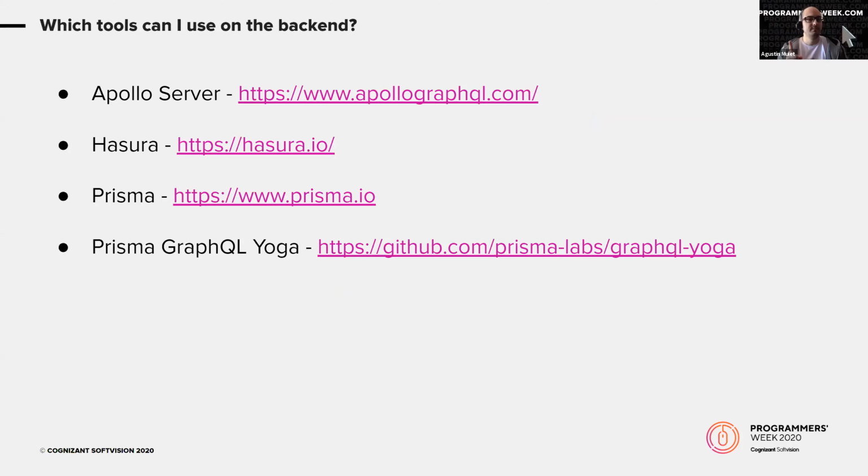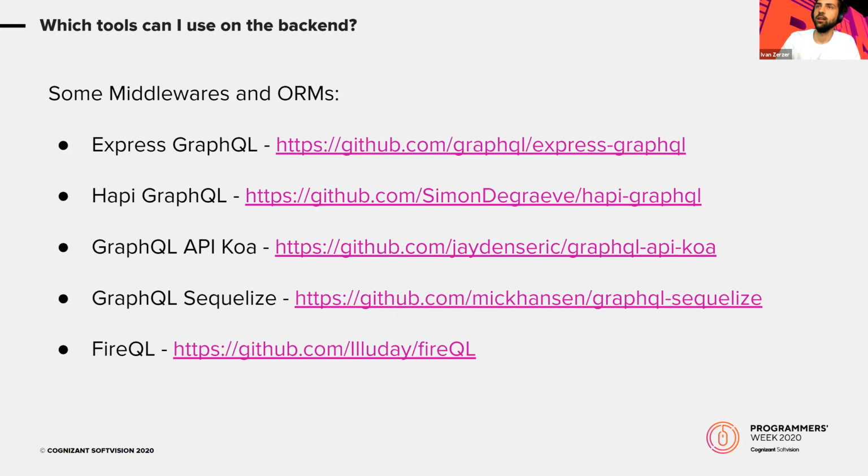It's in the cloud. Prisma is a database toolkit that aims to replace ORMs. GraphQL Yoga is a fully featured GraphQL server. Well, you have middlewares and ORMs like Express, Hapi, GraphQL API Koa, Sequelize, FireQL, which allows you to connect to Firebase.